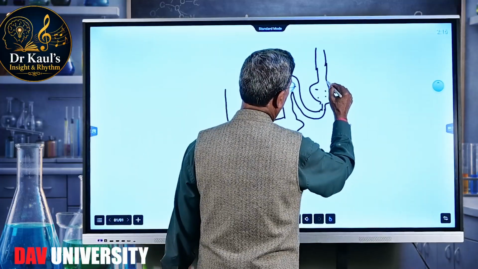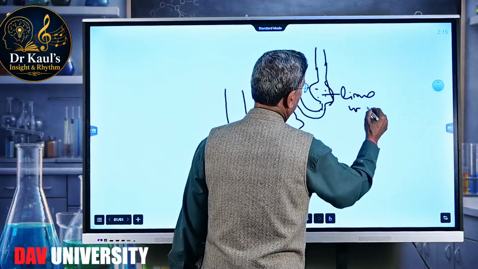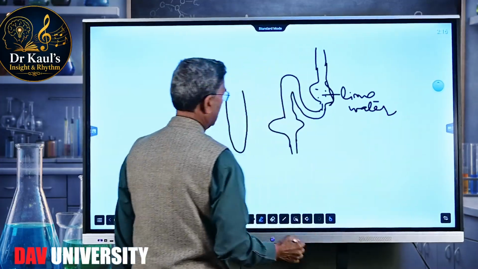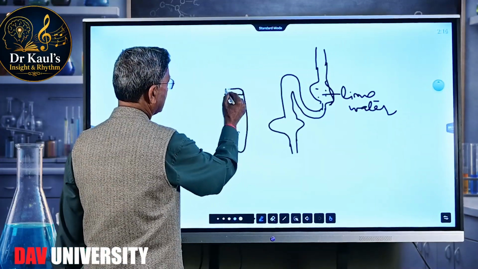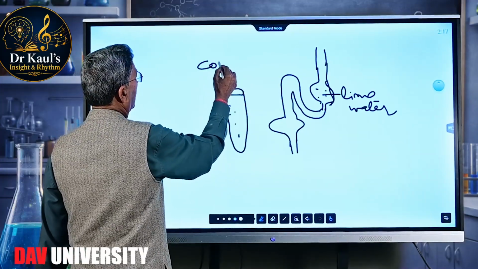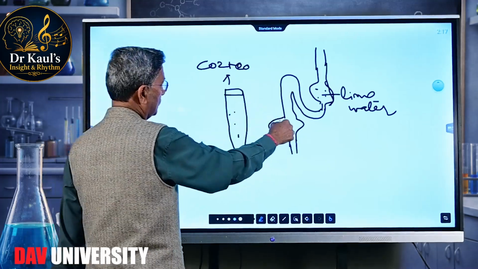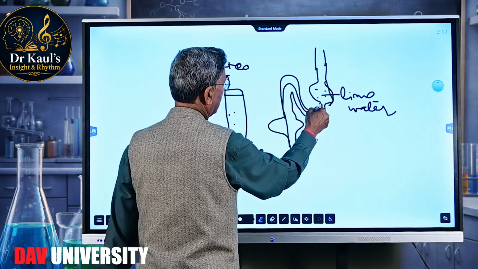Here we fill lime water. This is placed in the mouth of this test tube. There are reactions taking place, and from here carbon monoxide and carbon dioxide gases are coming out, and these gases are taken here.